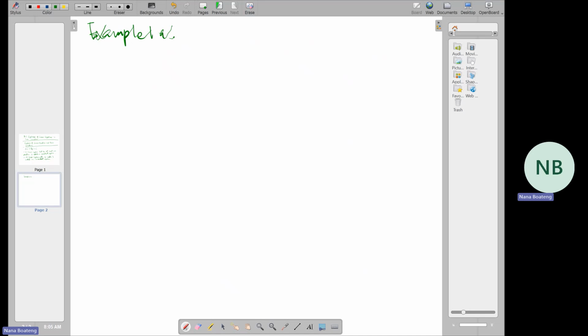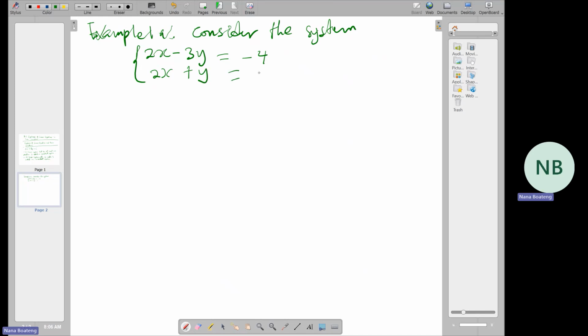It says, consider the system 2x minus 3y is equal to -4 and 2x plus y is equal to 4.